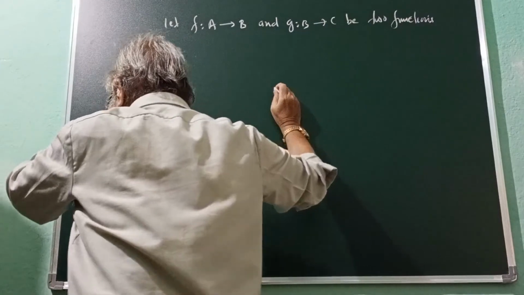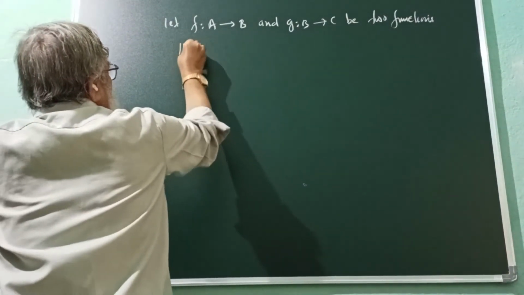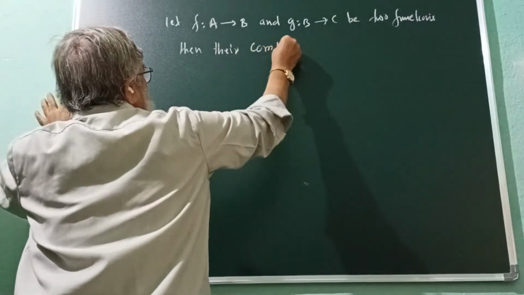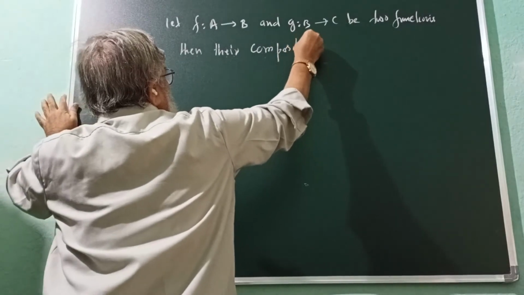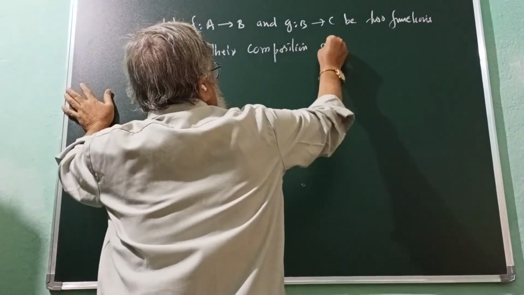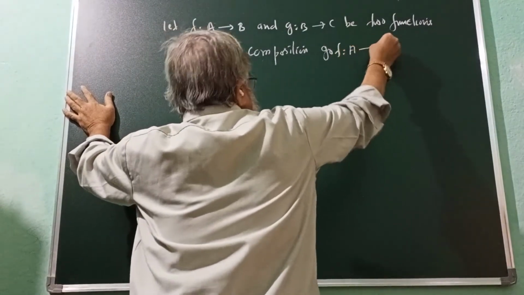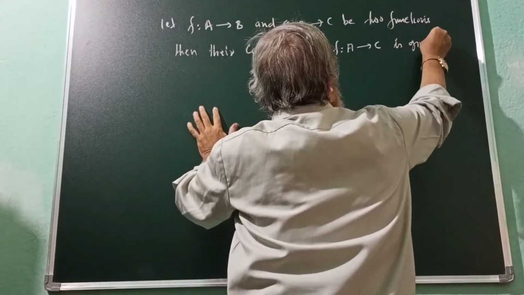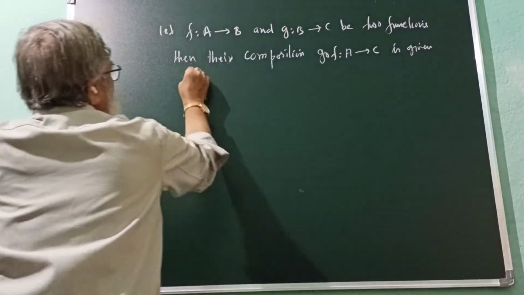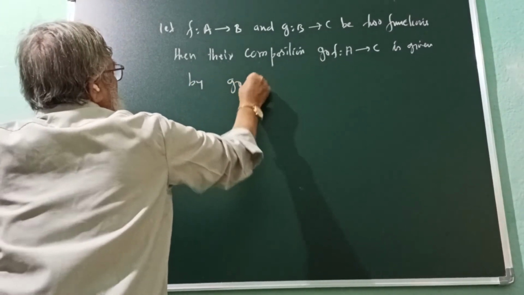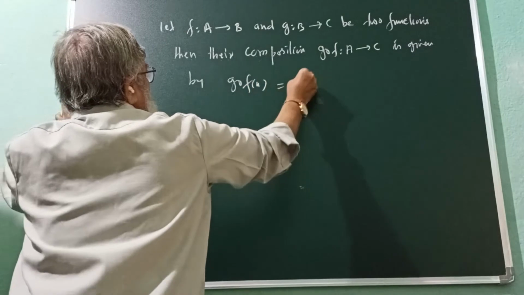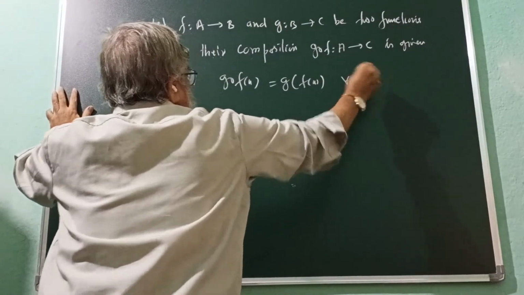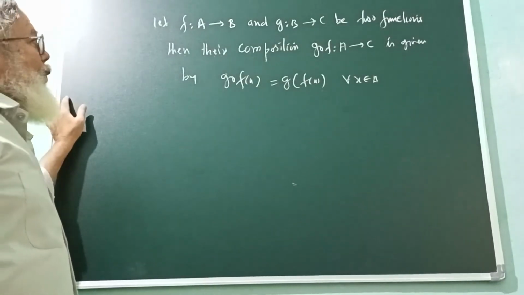Then their composition, that is g composition f from A to C, is given by (g composition f)(x) is equal to g of f of x for every x belongs to A. That is the meaning of the composition of function.